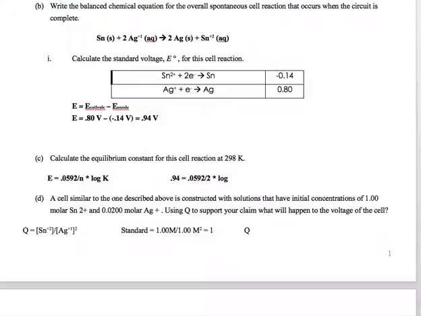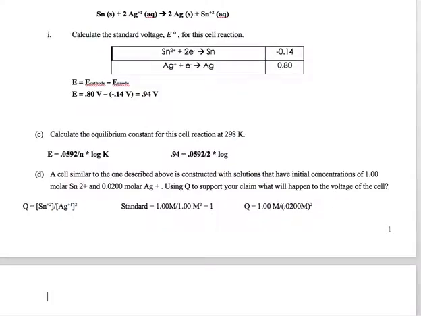Here, the tin is staying at 1 molar, but the silver is 0.02, and we need to square it. When you calculate this, you'll get a value where Q is greater than the standard situation, so your voltage will drop.